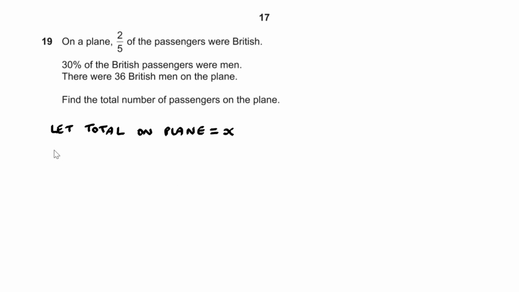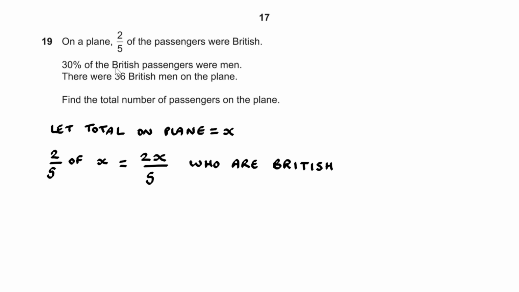Now, we know that 2/5 of the passengers on the plane are British. So, we've got 2/5 of x as the number of British passengers. Okay? So, we've got 2x over 5. We have 2x over 5 who are British.